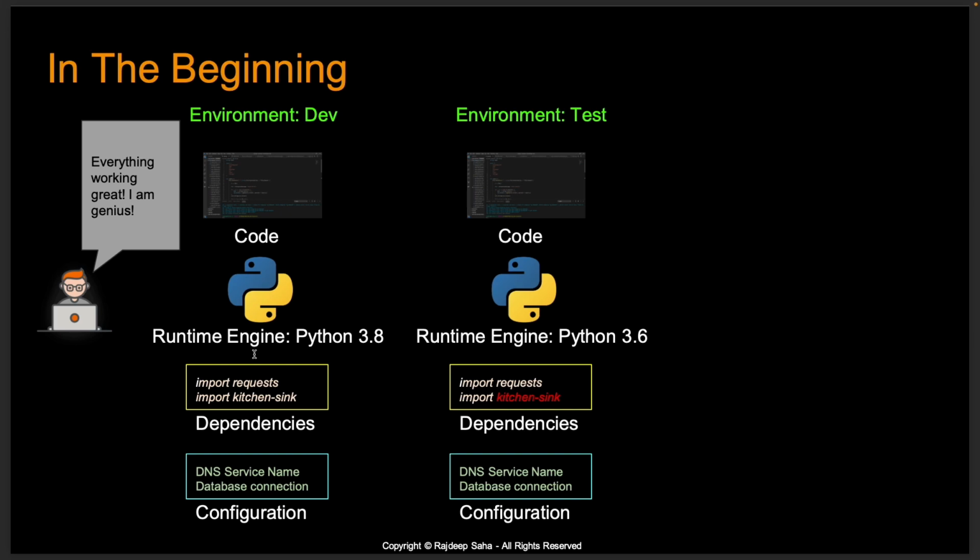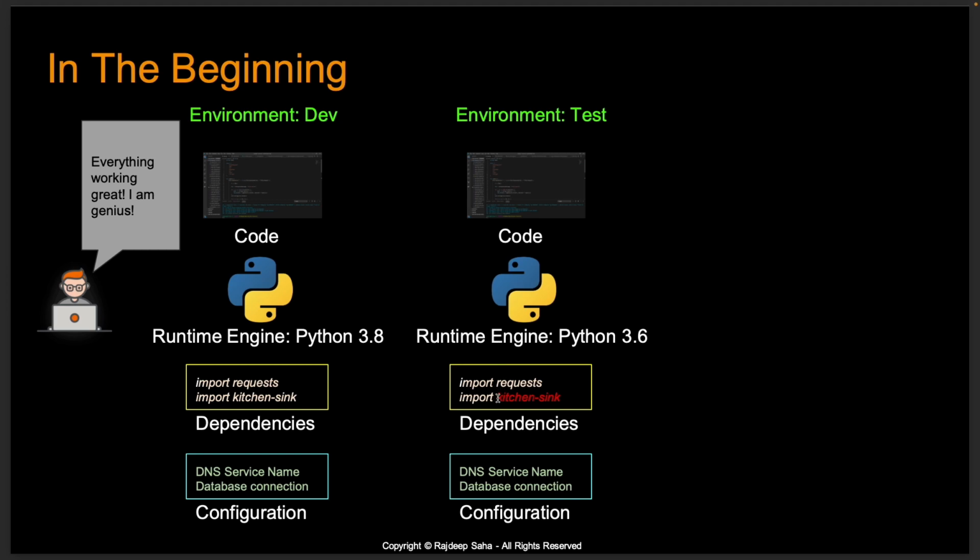He was like, I'm a genius, I'm writing perfect code. The runtime engine for Python is, for example, version 3.8, and it imports all the dependencies and configuration. Then he forwards the code to the test environment.